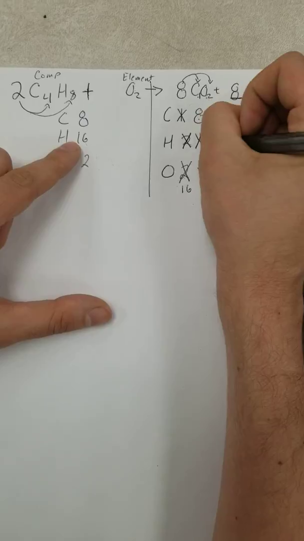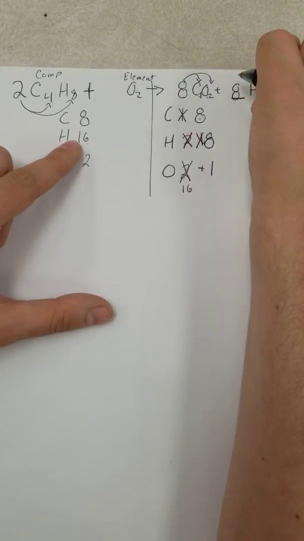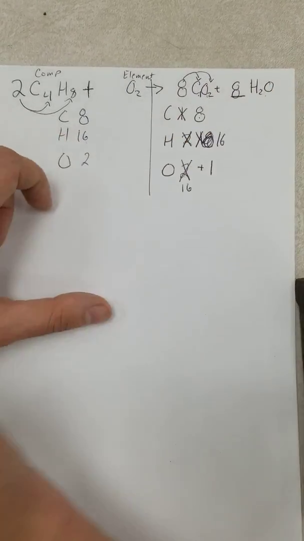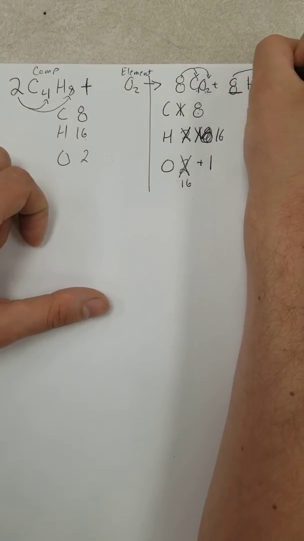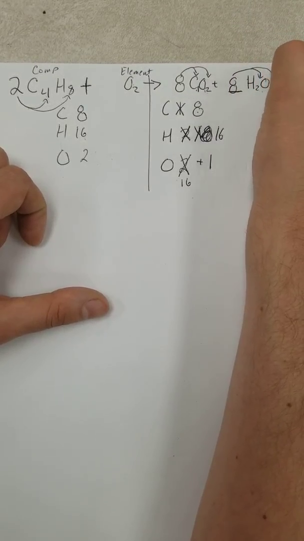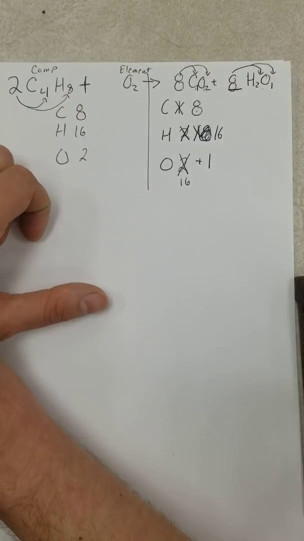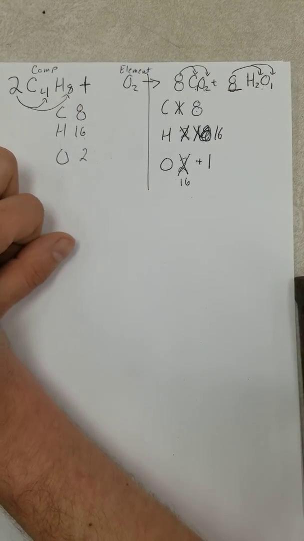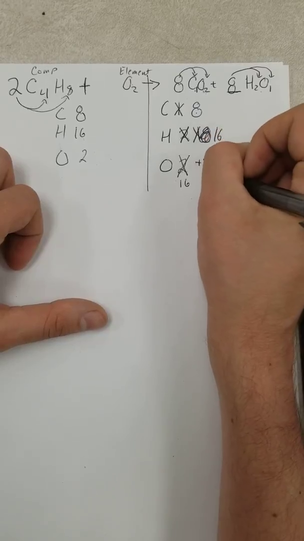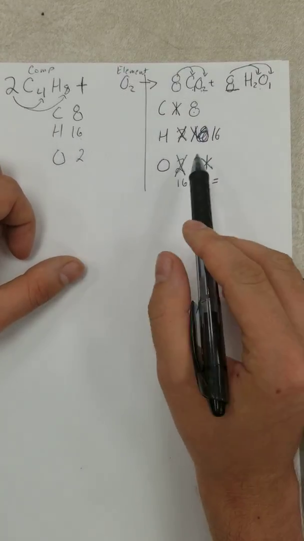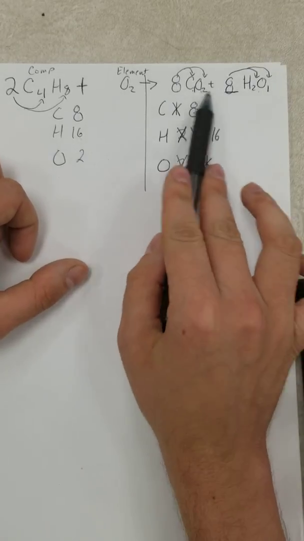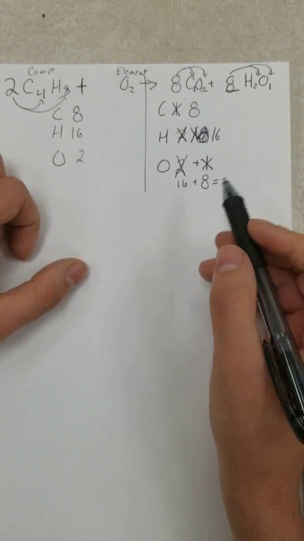So 8, it'll be 16, because then the 8 is multiplied by the 2. But remember, we also have to multiply the 8 by the 1 for our oxygen. So that's going to change that to 8. So now we need to add these two numbers together for our oxygens to figure out how many total oxygens we have on this side.